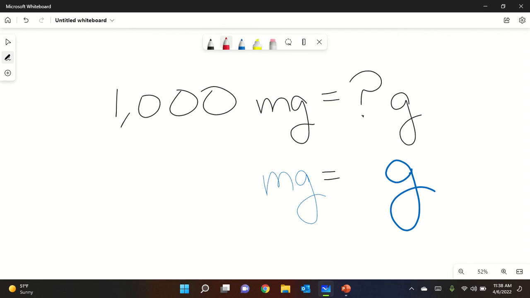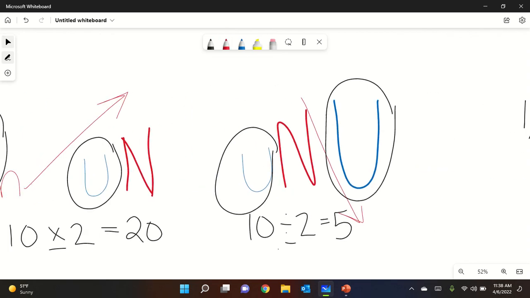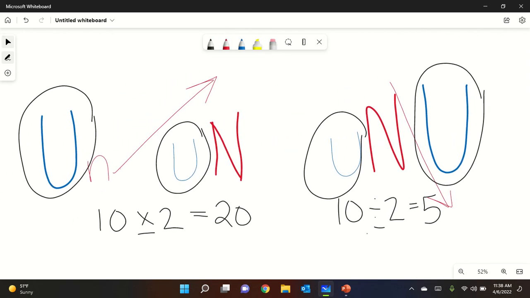So now our question is this: is our number going from small to large going to get larger or smaller? Let's come back to this screen here. If we go from a small unit to a large unit, is our number going to get bigger or smaller? It's going to get smaller, right?